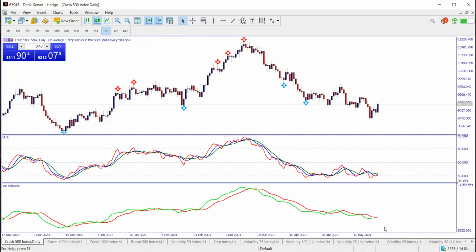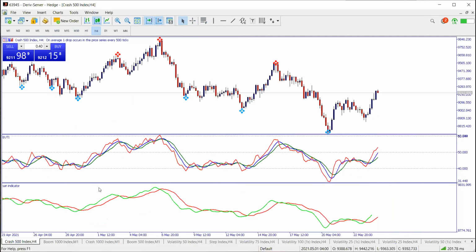I don't know if it manages to cross, it means that the buy is going to be for a long time. So let us just continue tracking it.